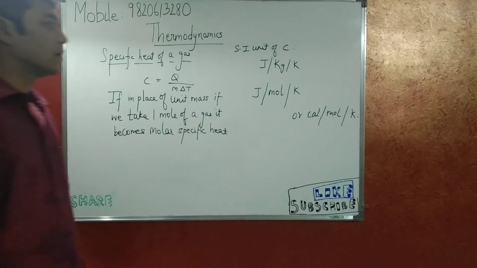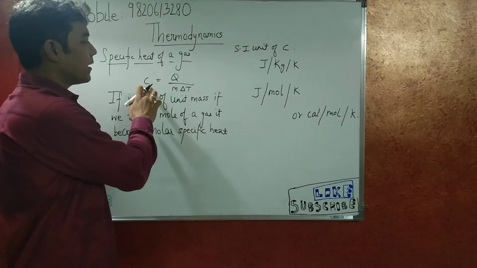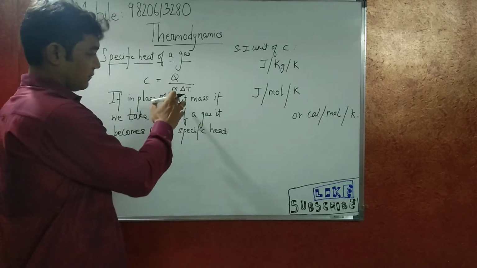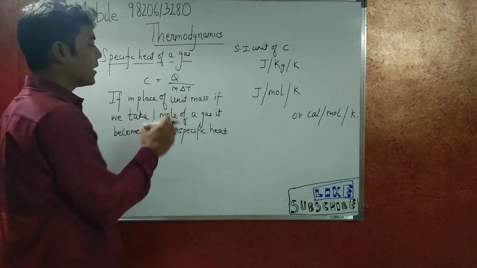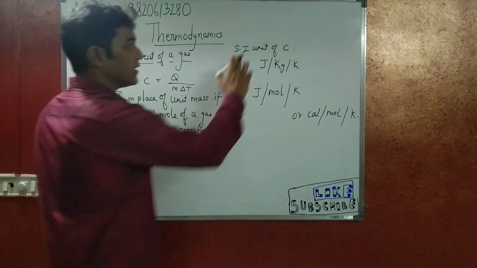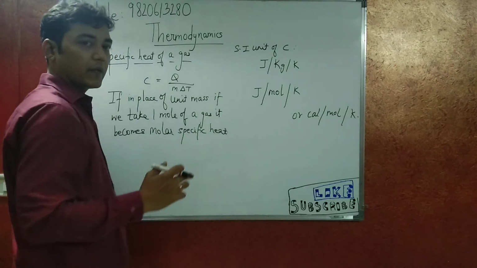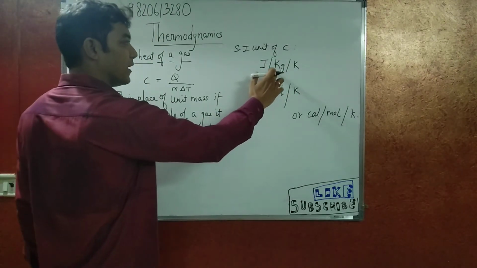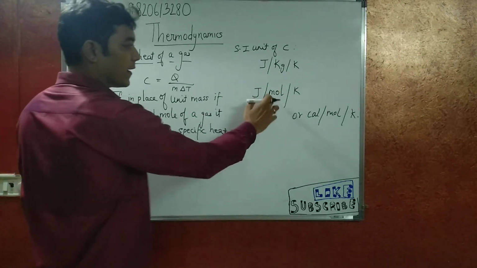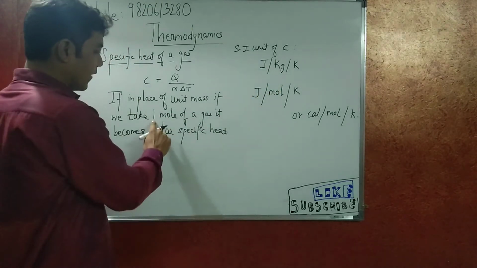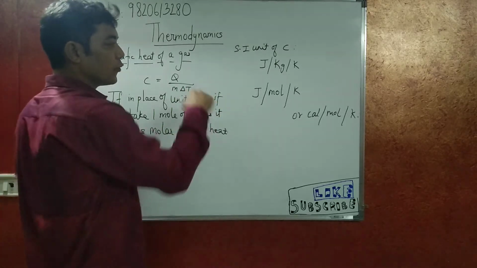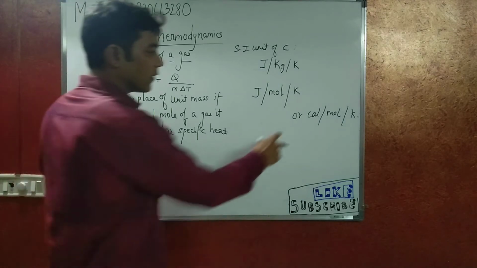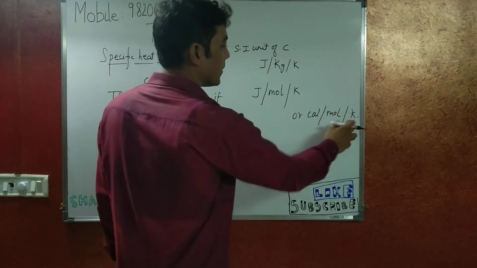You get the difference? If we consider unit mass, then the SI unit of specific heat is joule per kg per Kelvin. But if I take 1 mole of a gas, then the unit changes to joule per mole per Kelvin, or calorie per mole per Kelvin.